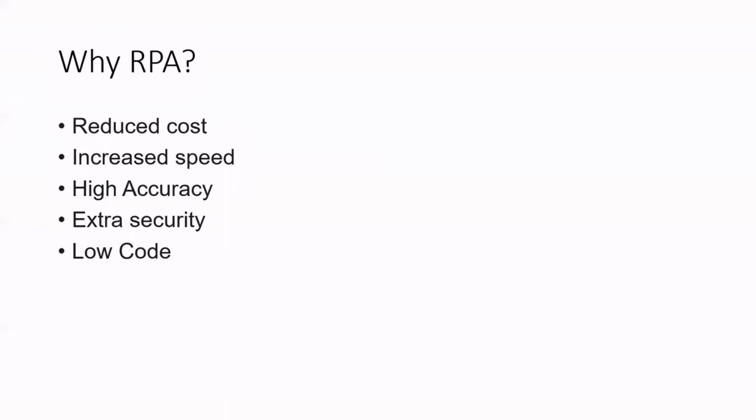Suppose there is financial data, that data can be exposed, because the employee doing that task can see that data. But if we use RPA, by using bots we can have extra security, and that data can be secured.